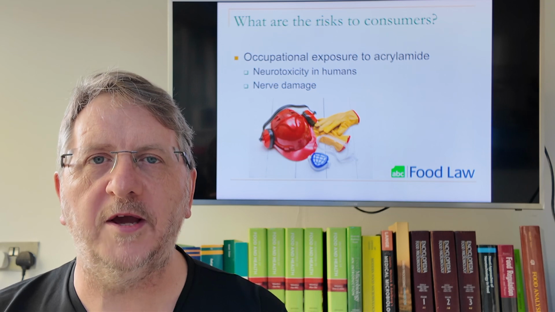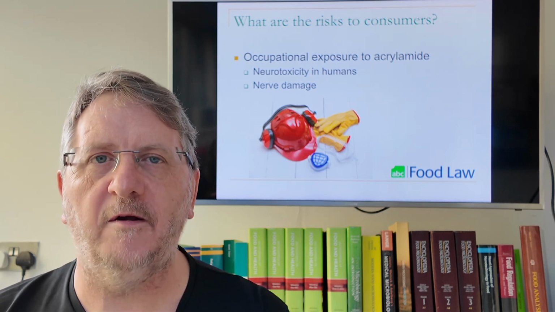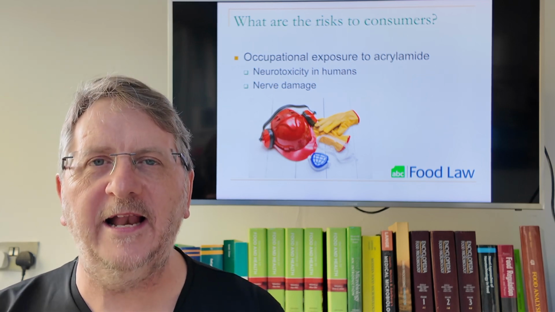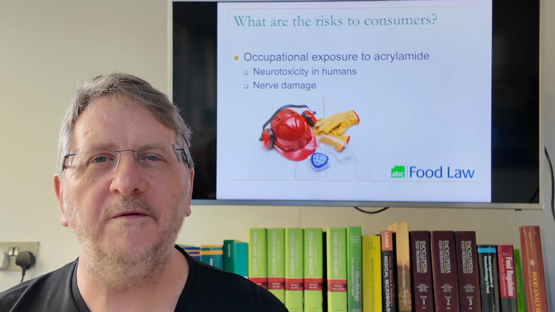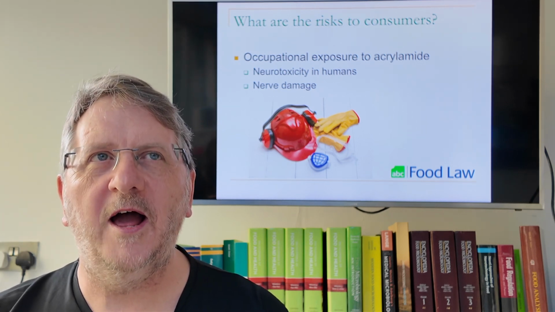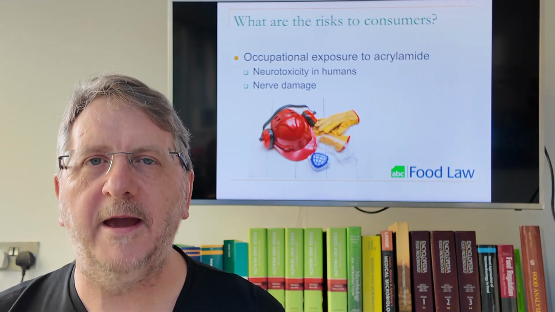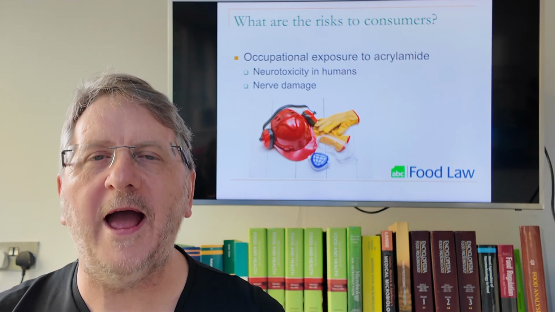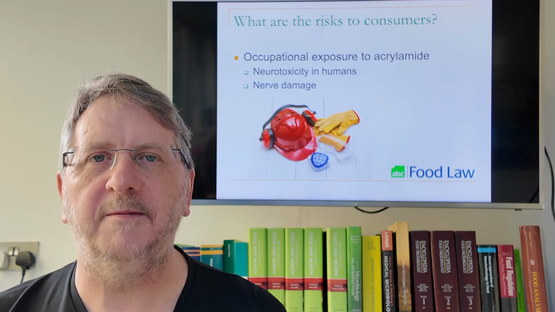Where you've got workers handling acrylamide, there have been demonstrated cases of neurotoxicity and nerve damage. But this is when they're handling chemicals that contain acrylamide. What about acrylamide in food? Well, there is a possibility, bordering on probability, that it may be similarly dangerous, but there is no confirmation, no absolute proof. So the law does not set out absolute standards that must be followed.